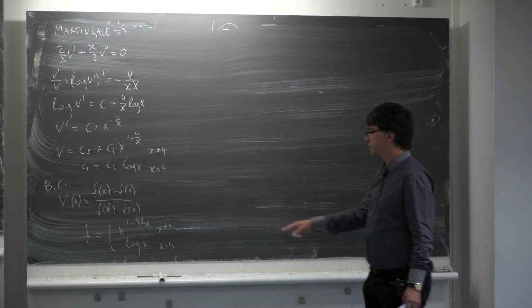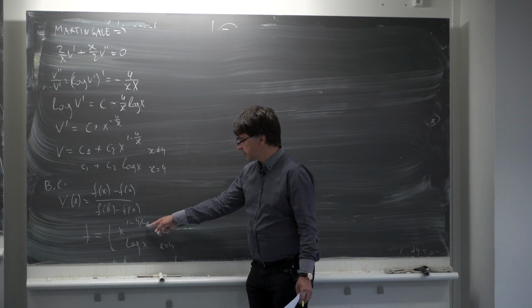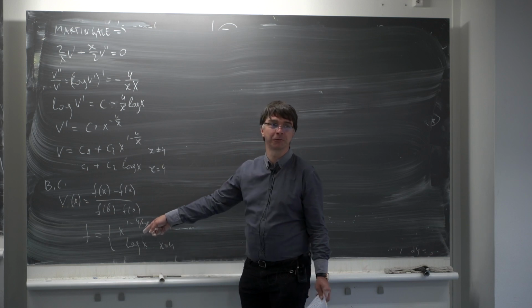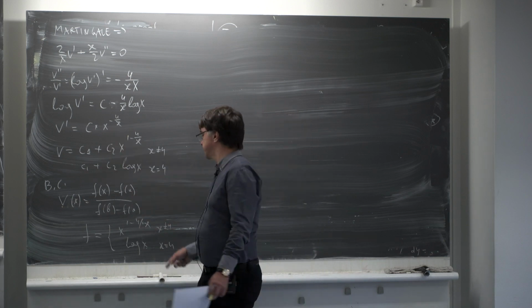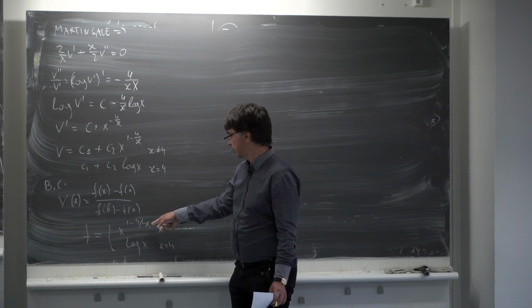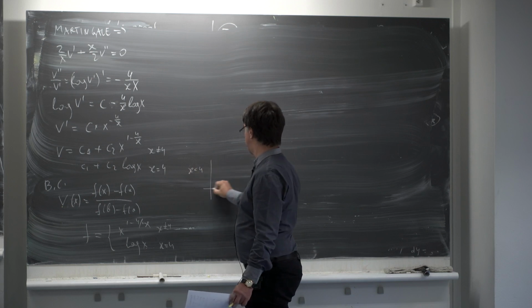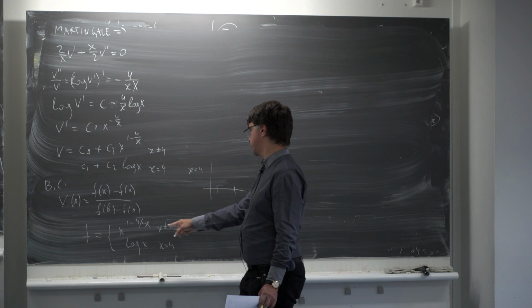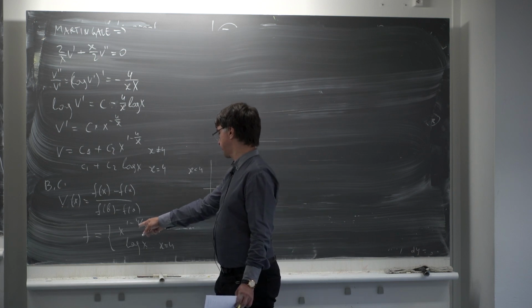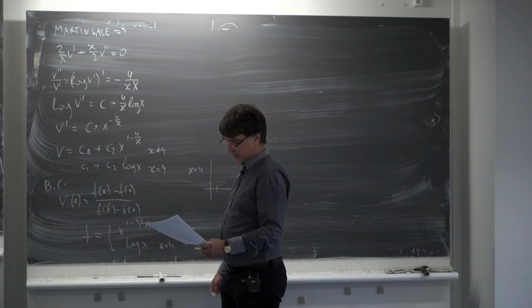So what happens with these functions? You immediately notice that something funny happens at kappa equal to 4. So that's the reason why the theorem is like this. So when kappa is smaller than 4, we get a negative power.